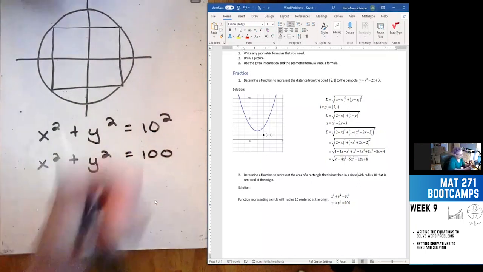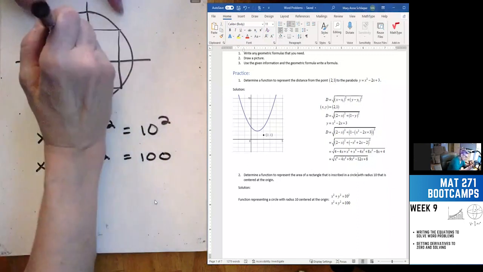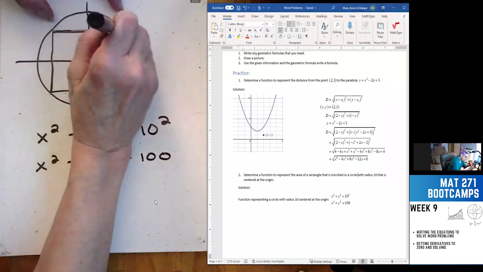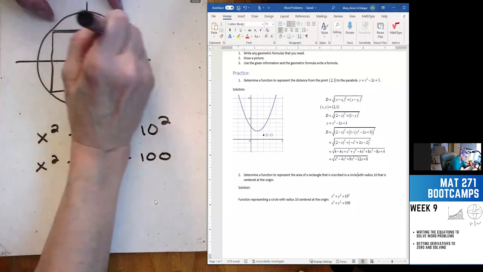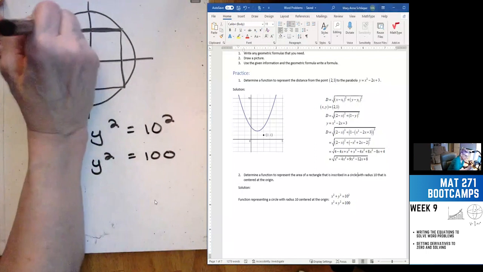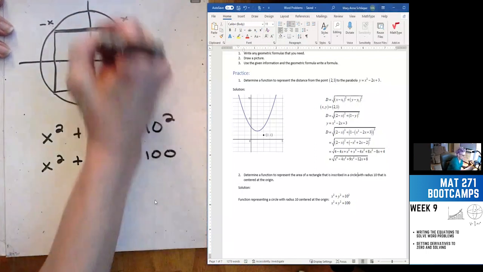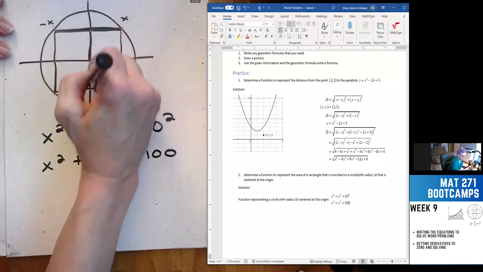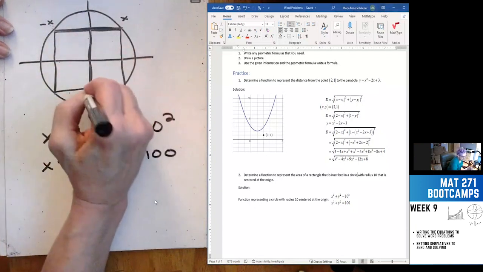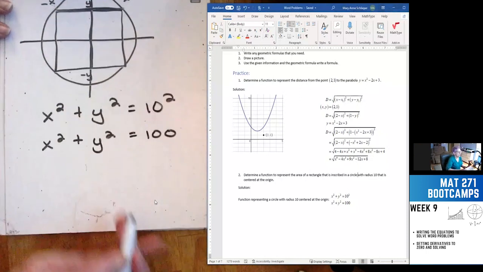And now we're looking at this rectangle in here. The width of the rectangle is the distance from negative x to x. And the height of the rectangle is the distance from negative y to y.